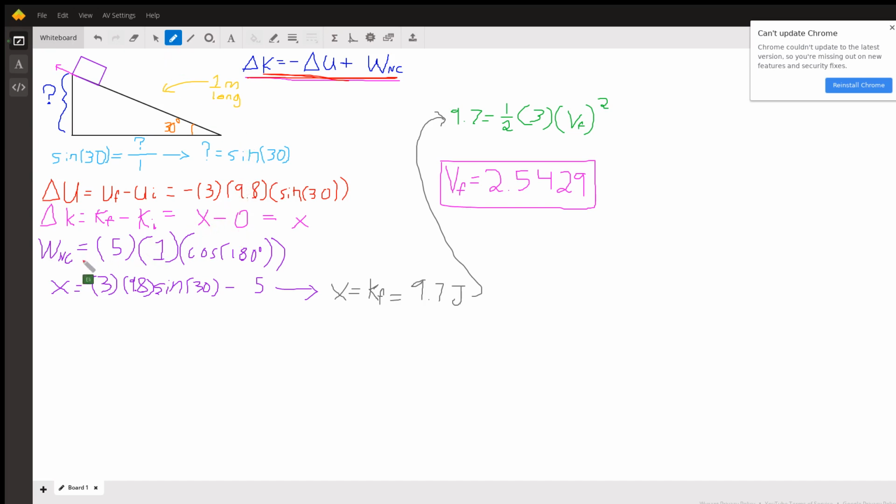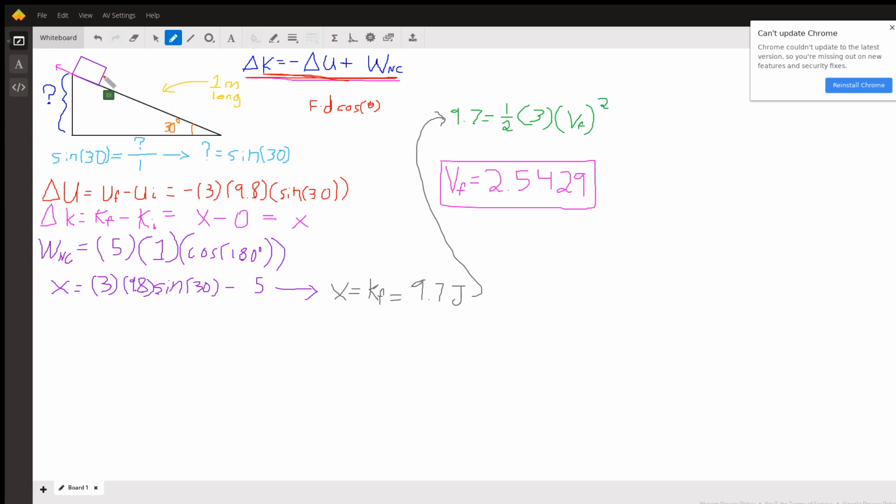Okay. And then for our work by non-conservative forces, the equation for work is force times distance, if we're being precise, dotted with distance, but you don't need to know that, times the cosine of the angle between the displacement vector.